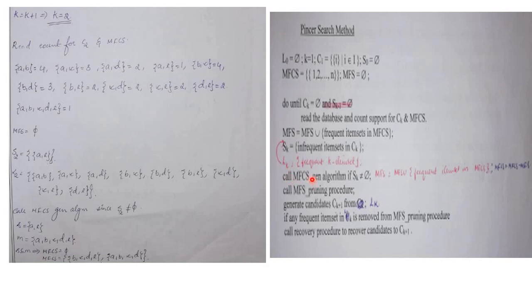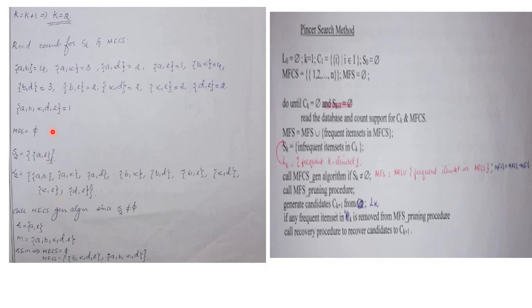And I have to call MFCS generation in order to break this MFCS into smaller sets. Since S2 is not equal to null, I call MFCS generation. First consider the item set that is present in S2, that is AE, and check whether AE is present in ABCDE.